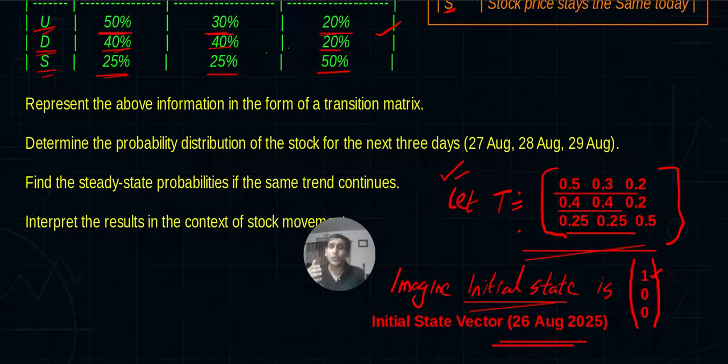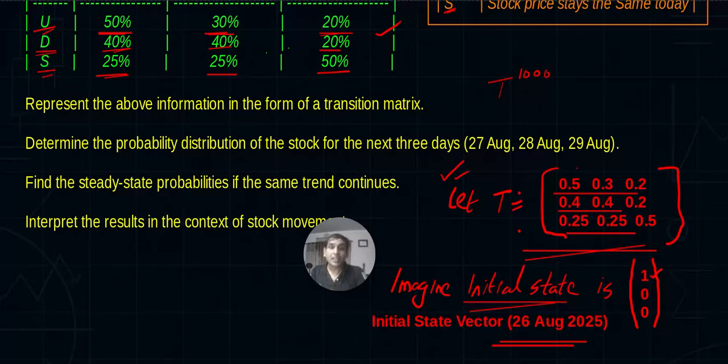Now I want to know, if it goes like this, what will be the long-term impact on this? So I'll calculate T to the power 100, T to the power 1000, T to the power 2000 so that I know how long I should invest. I'll be able to find the final condition after 1000 days or 2000 days.